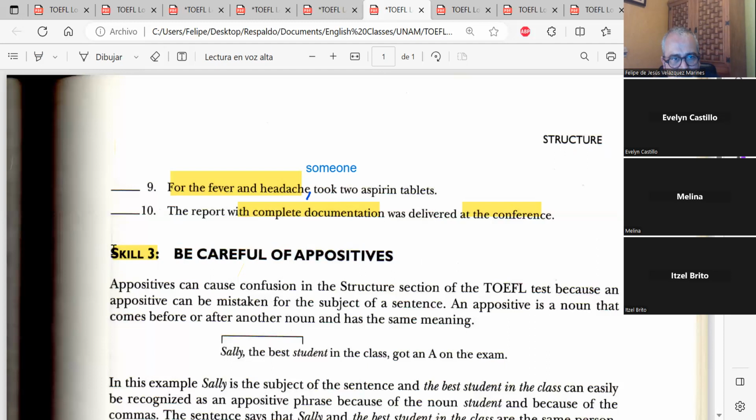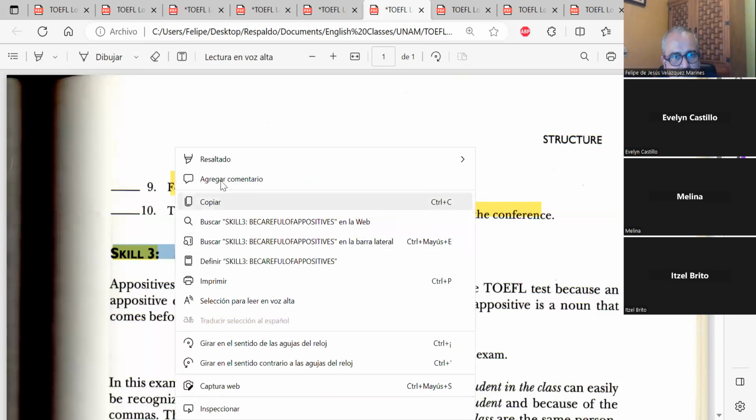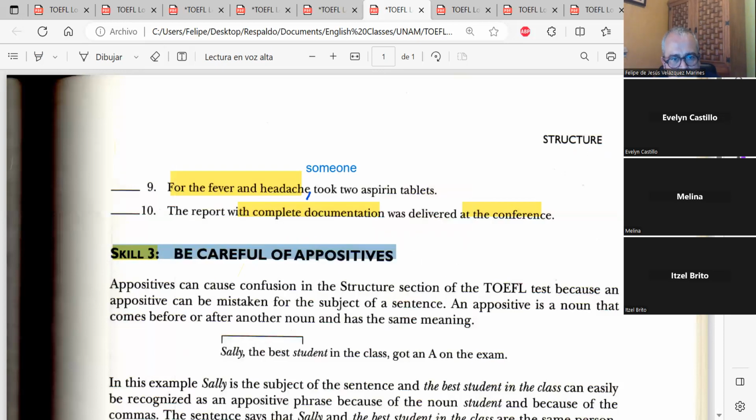For example, if I say, right. Okay, appositives are extra information about the subject. So I'm going to write it here.